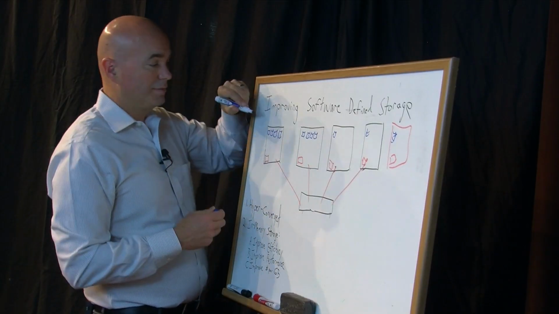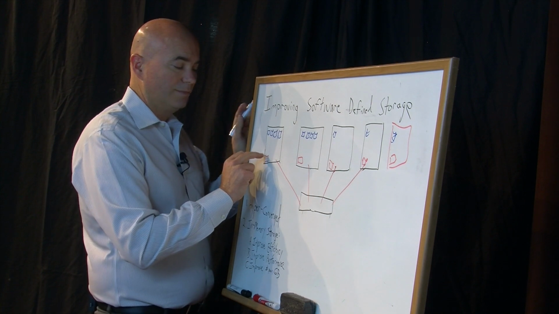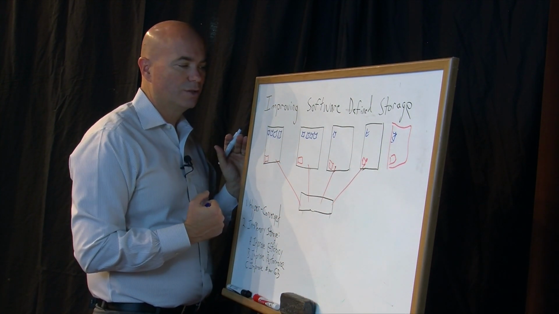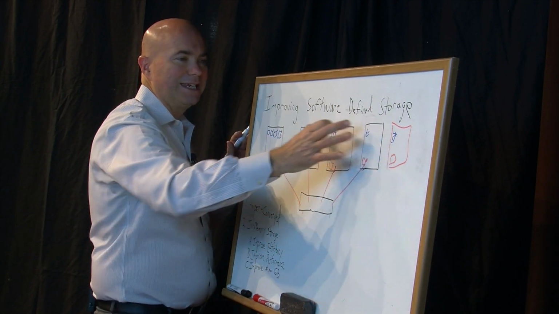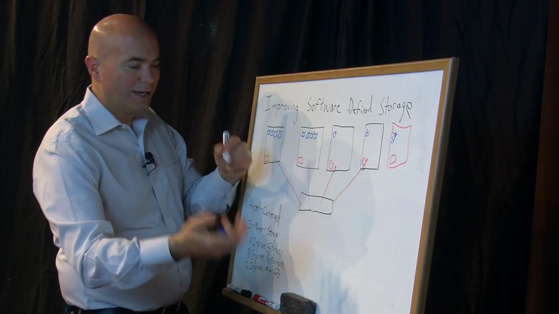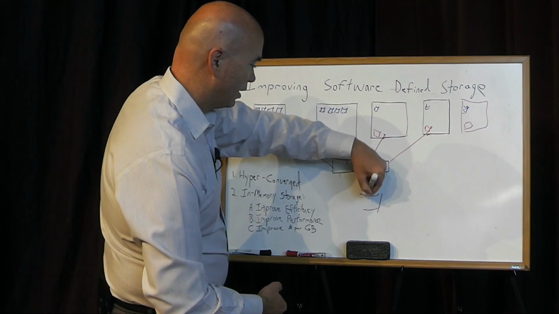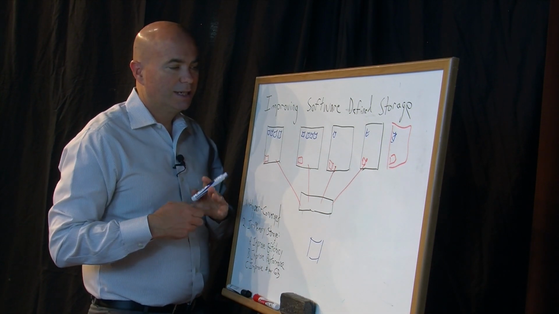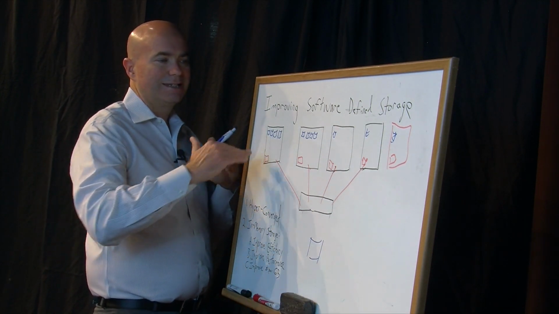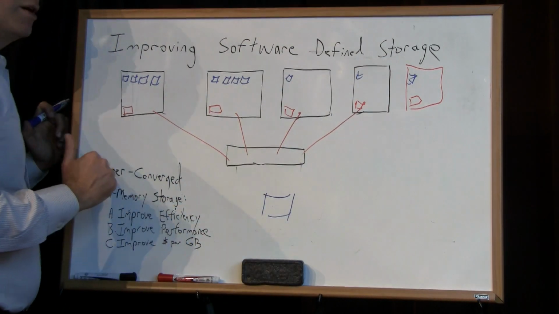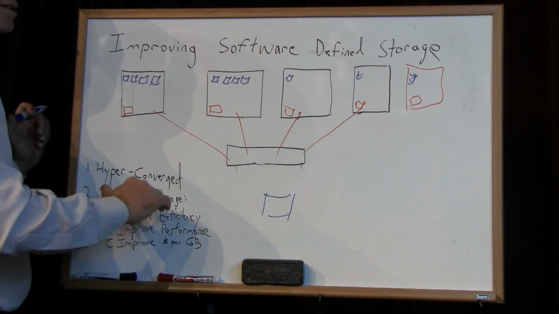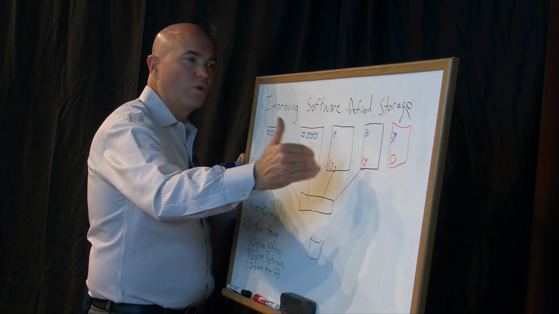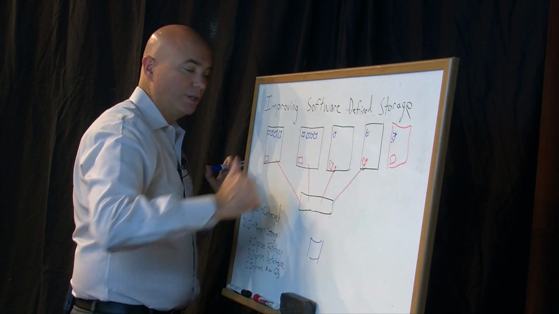Now, obviously, what we do then with this software-defined storage component that's running in this hyper-converged storage environment is we aggregate all of these internal drives and make them appear as if they're a shared drive. So it's a logical, not a physical shared capability. The advantage of doing that is now I can use low-cost enterprise-class server disks, which are less expensive than enterprise storage systems. And like I said before, now I can scale my environment pretty easily.